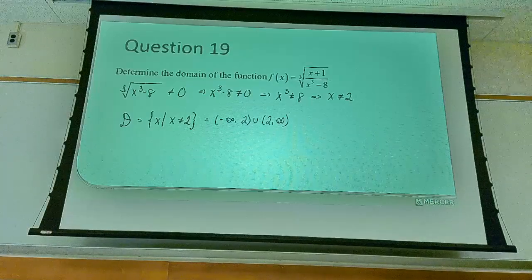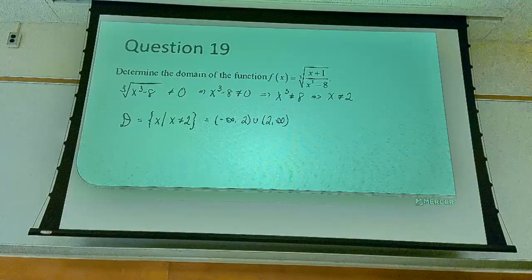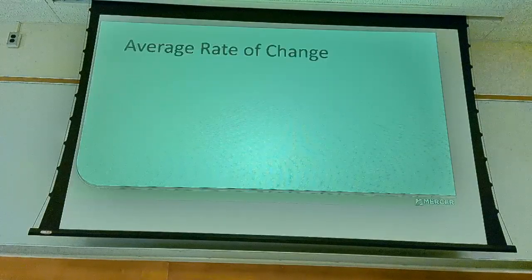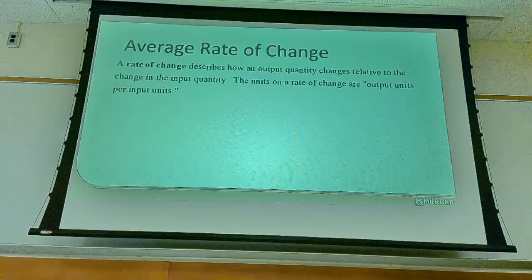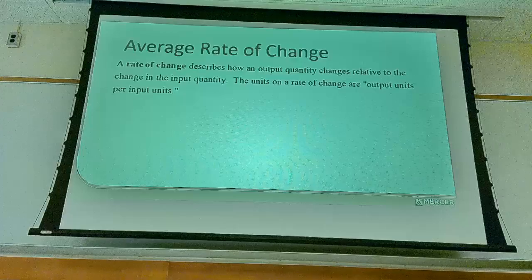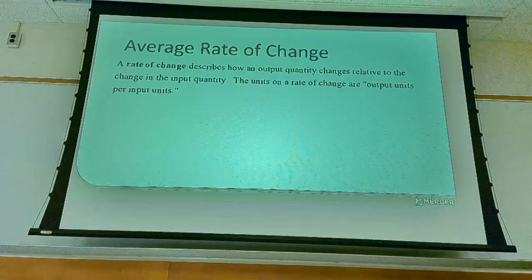Average rate of change. A rate of change, specifically, describes how an output changes relative to an input. Units of the rate of change are always the output units per the input units.